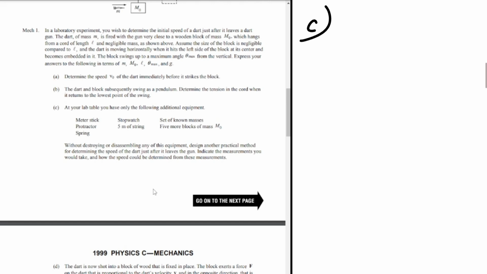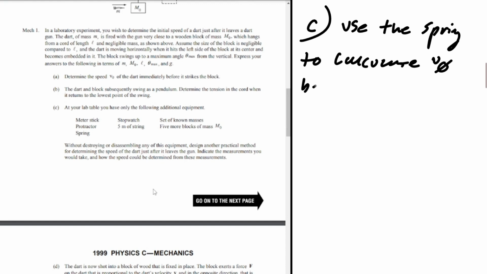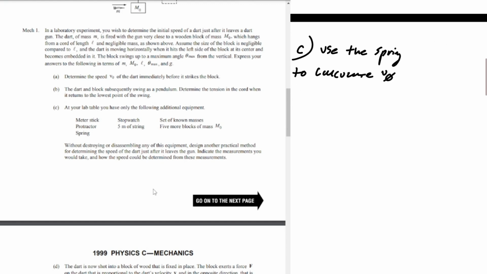With this, I'm really not going to say all the answers. I'm going to pick the one that's the easiest. So I'm going to say use the spring to calculate V naught by shooting the dart at it.